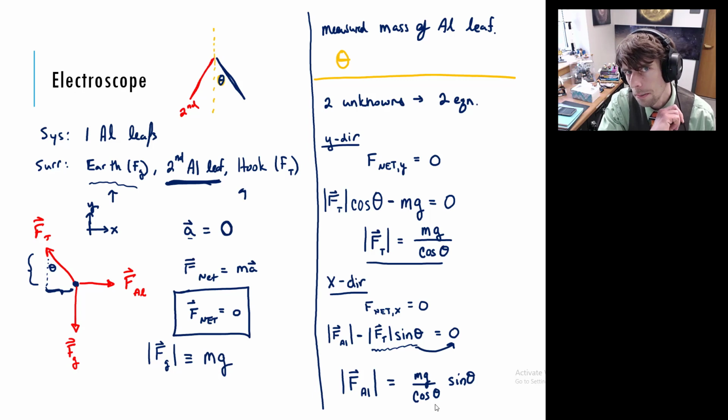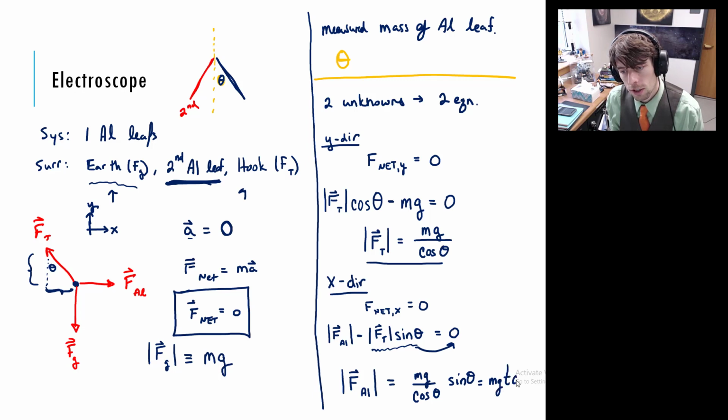The eagle eyes among you recognize that sine of theta divided by cosine of theta is just tangent of theta. So this altogether simplifies to mg tangent of theta.